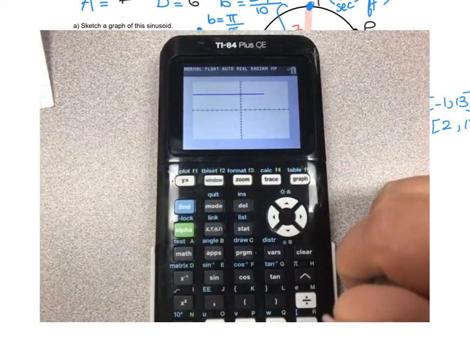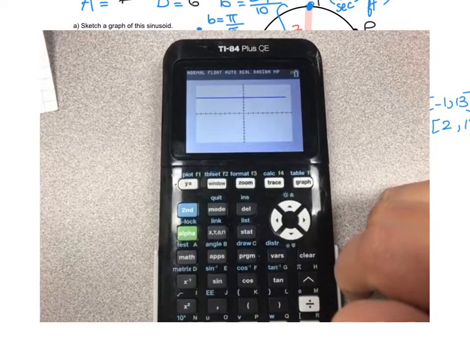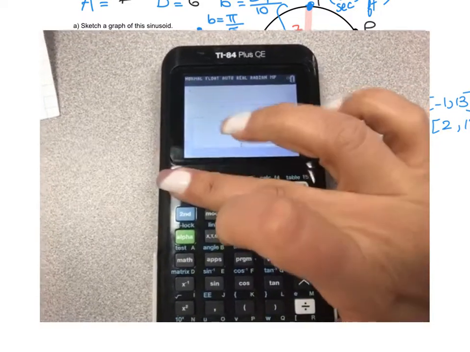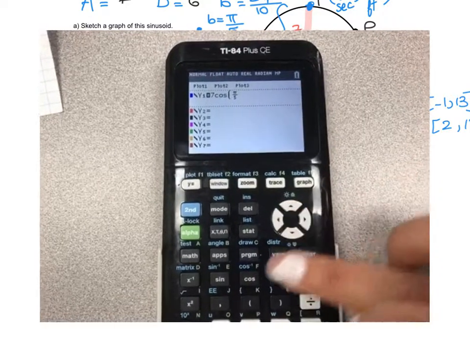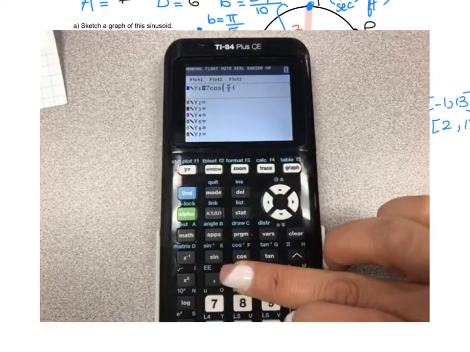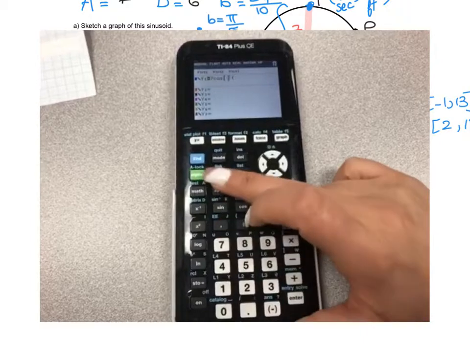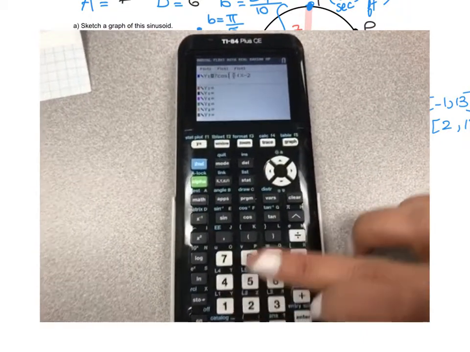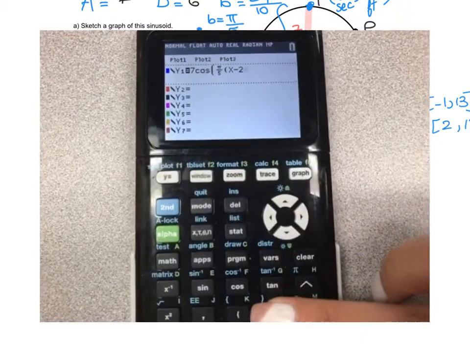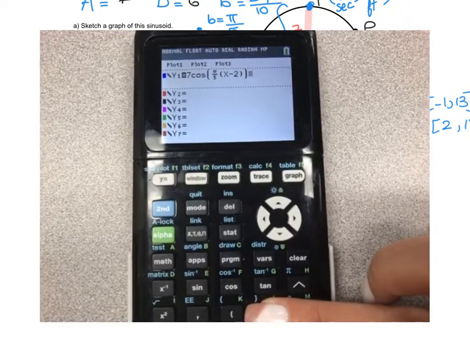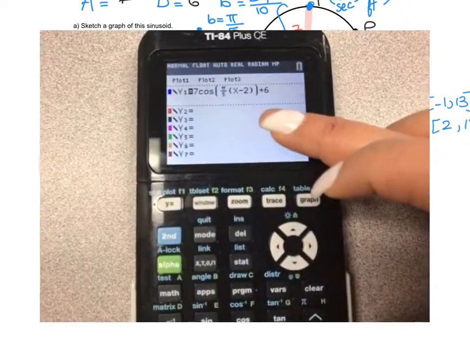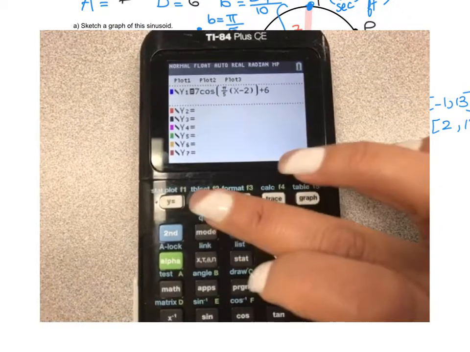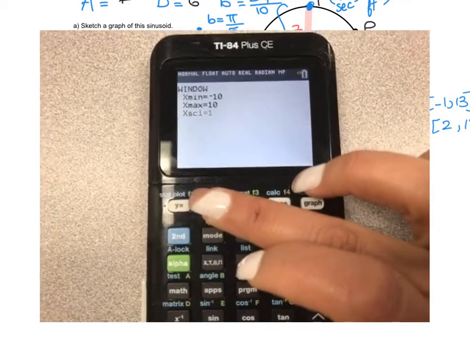Okay, so then I need to open another set of parentheses to put the x minus 2. So let's put x minus 2. And I need to close the parentheses, 2 sets of parentheses, and then plus 6. So that's my equation. Make sure that it's typed correctly. Now for me to see one period of this, I'm going to go to window.